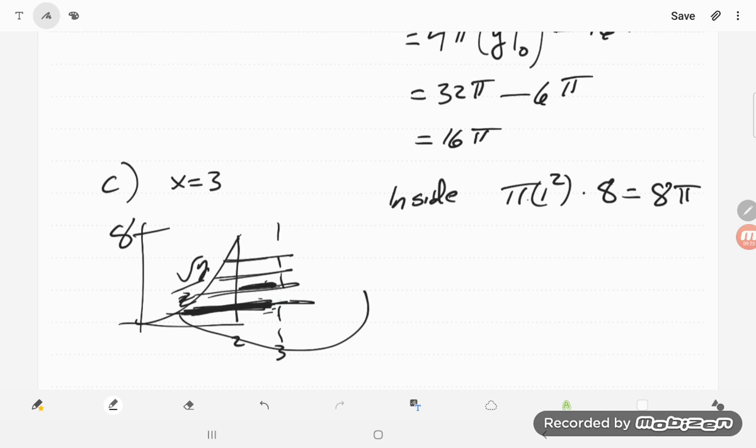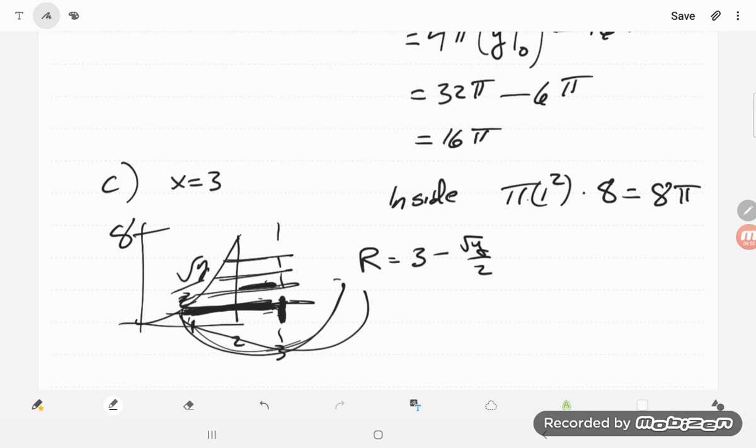And so I'm going from 3 to the x value here of square root of y over 2. So my outside r in this case is 3 minus the square root of y over 2. Okay, because I'm here and I'm going to here, and I'm going to rotate around that way to make a disk.